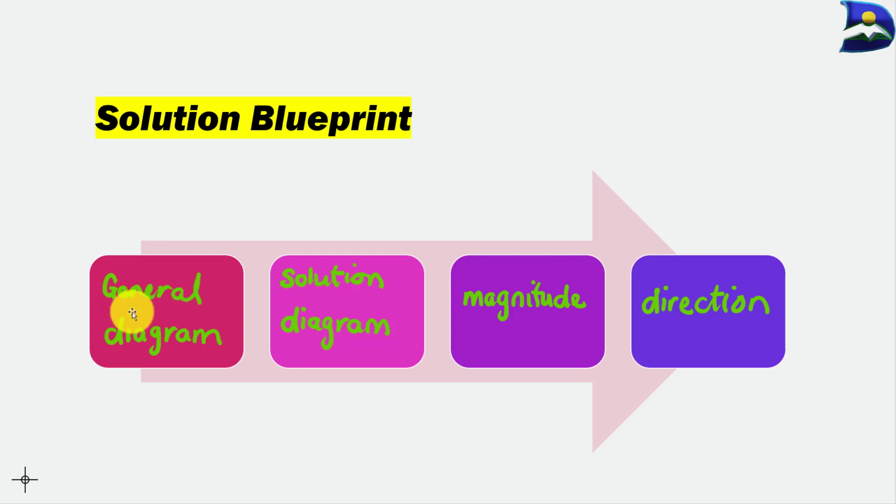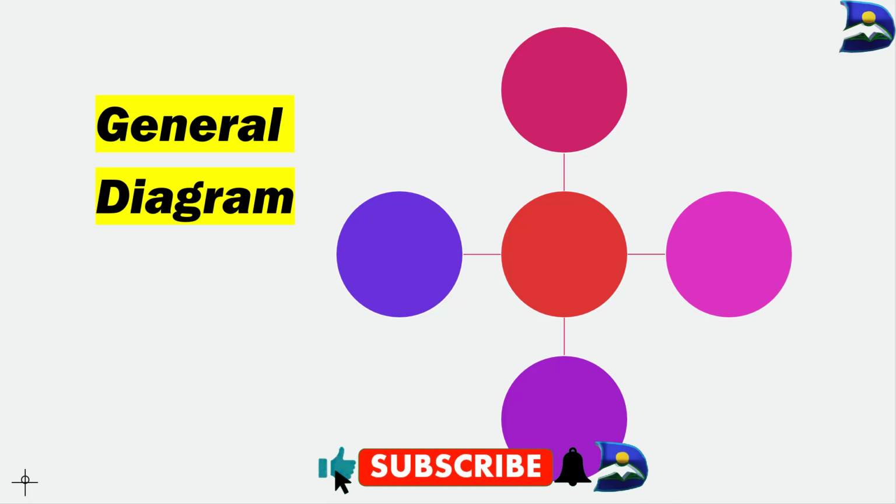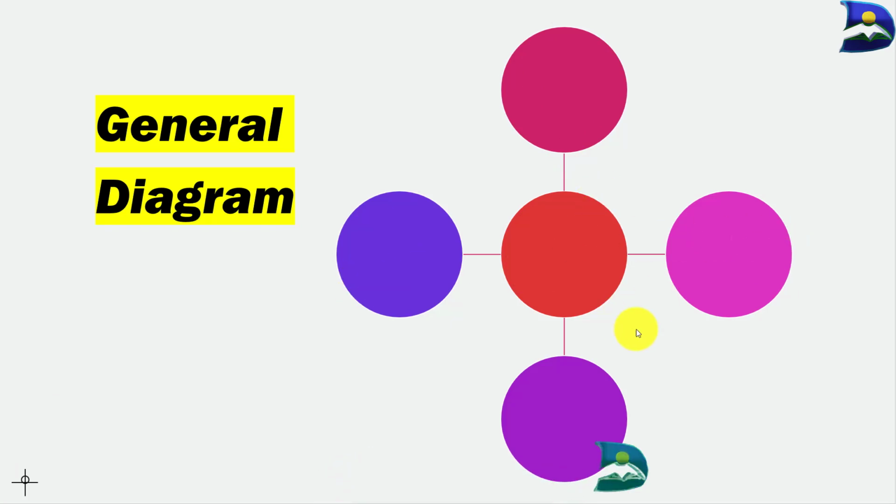First, looking at the general diagram, we start with the coordinates designed right here. Take note that this one is our north, next is east, this is south, and finally this is west.